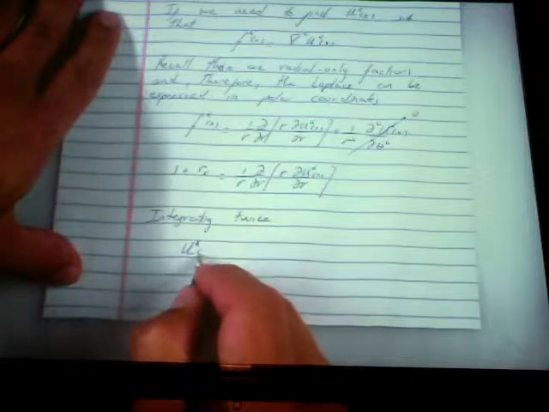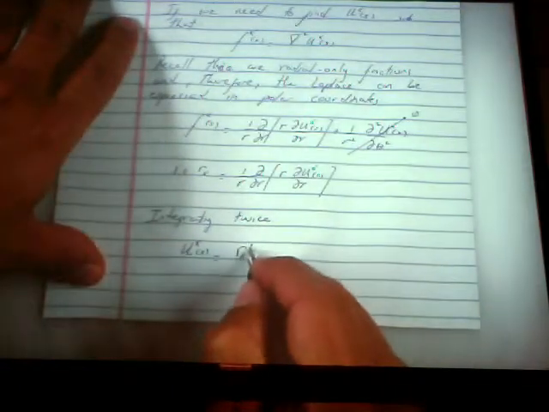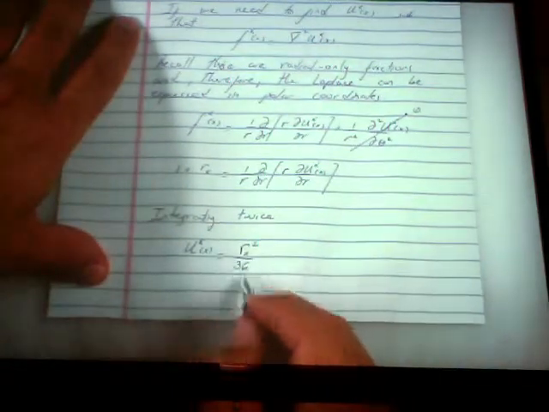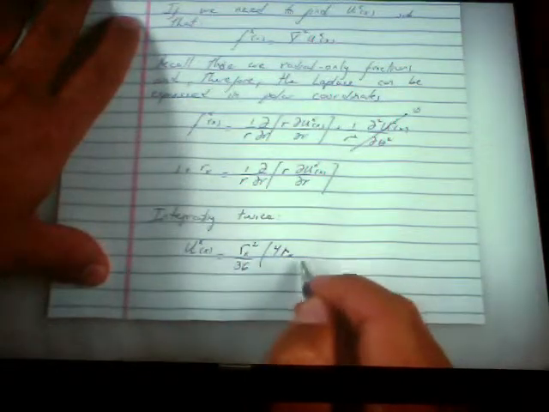uk of x is equal to, up here, rk to the power of 2 divided by 36 times 4rk plus 9.